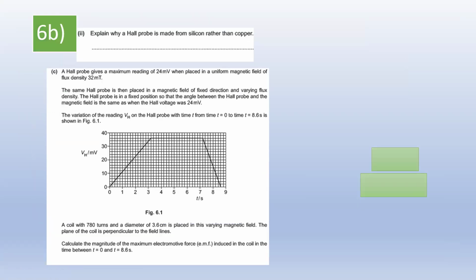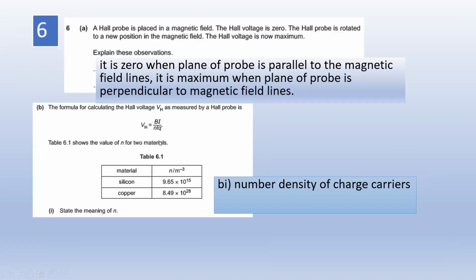Explain why the Hall probe is made from silicon rather than copper. Go back. Smaller n, so higher V_H. Smaller n gives higher Hall voltage. That's what we want to measure. The higher the better.